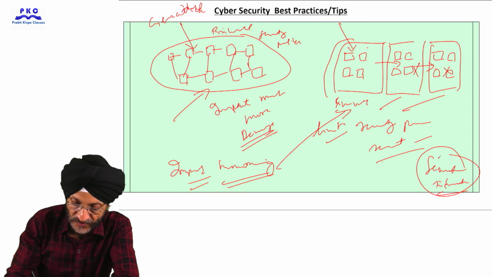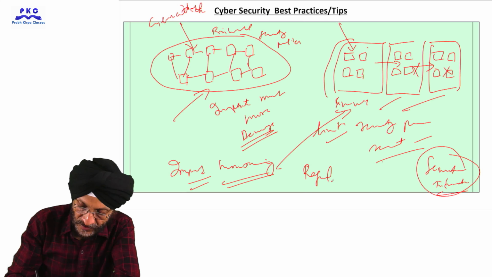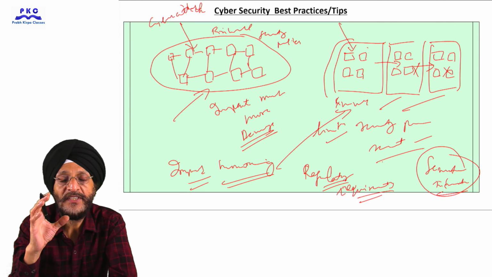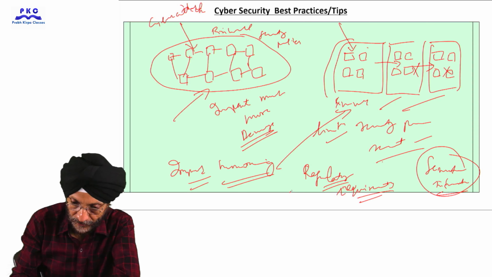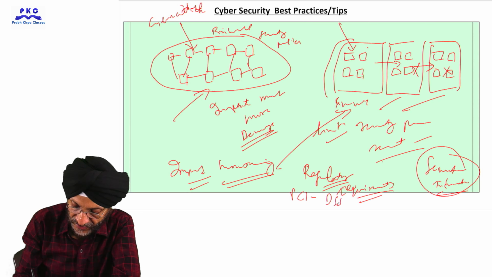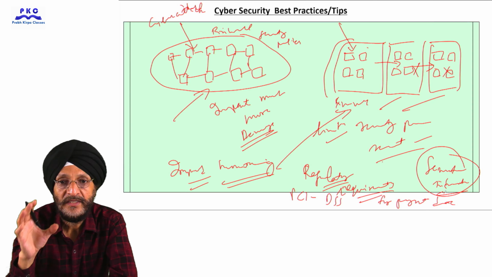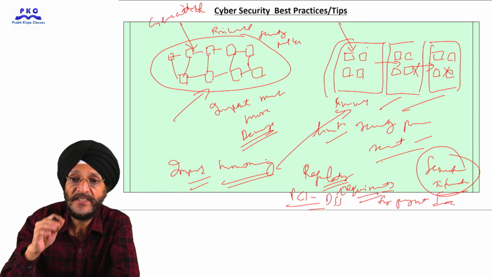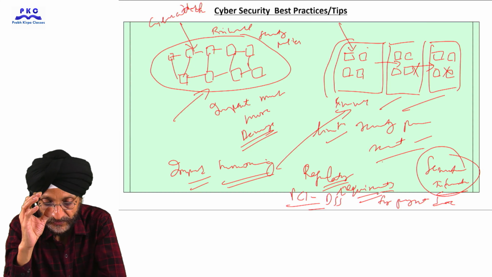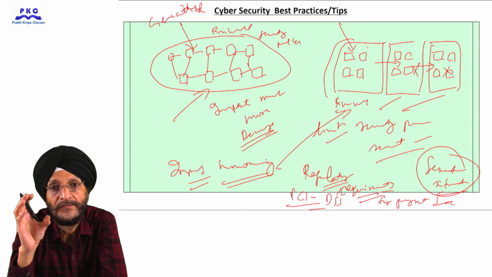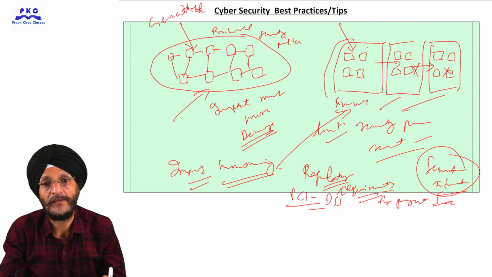It may also be possible that there are some regulatory requirements which the organization has to follow, such as the regulatory requirement PCI DSS for payment data. These types of regulations, PCI DSS and others, require specific security controls for sensitive data.